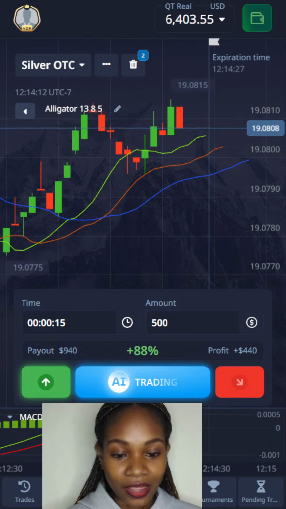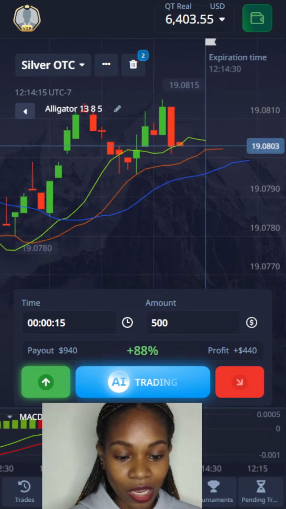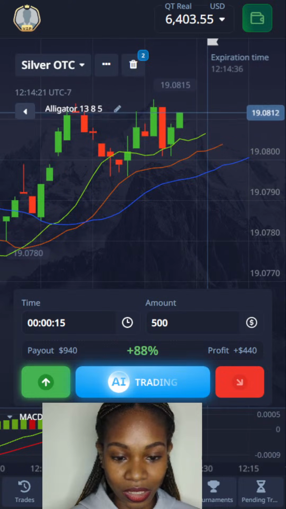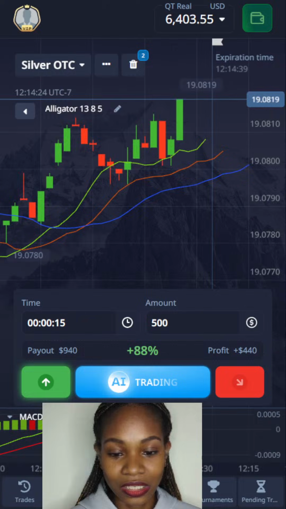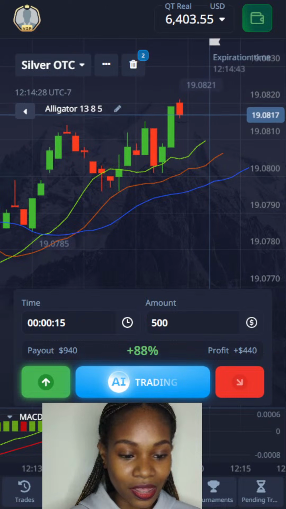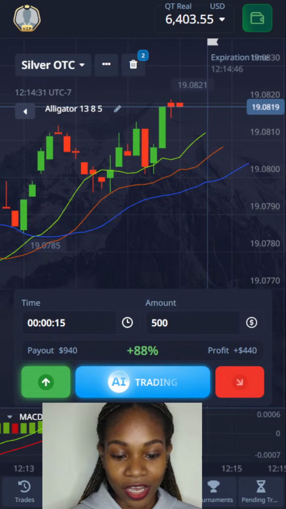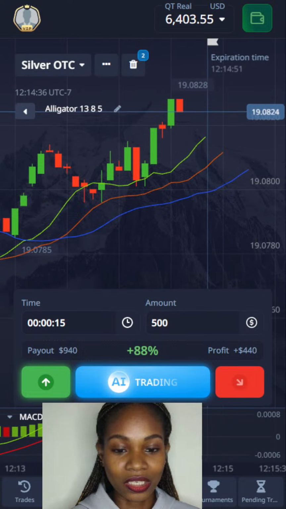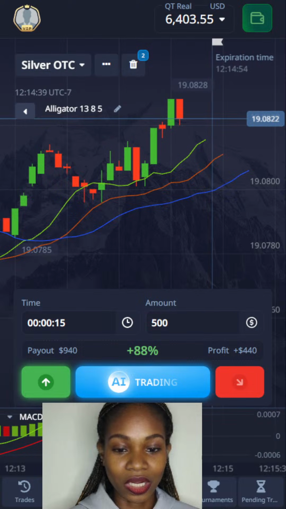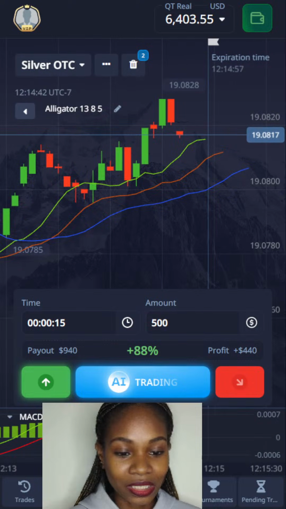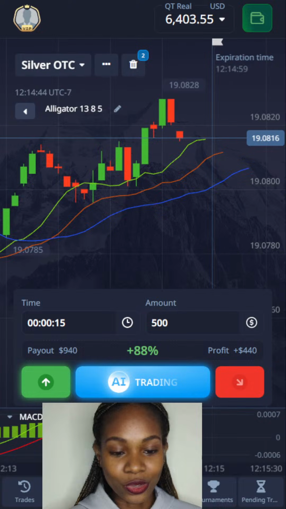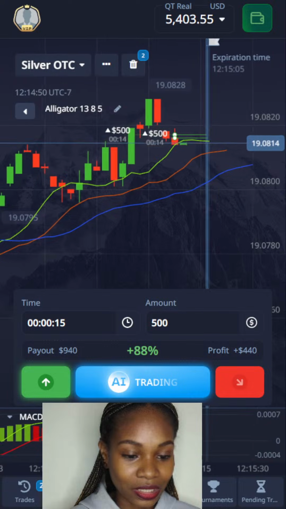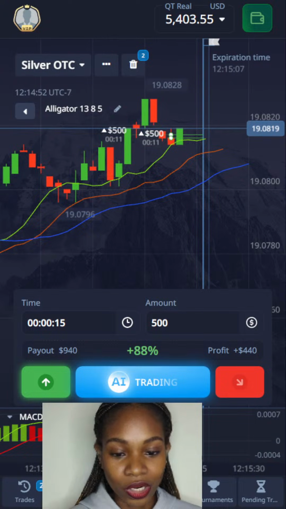For the chart time frame, that is still 15 seconds. Then for the candle close, that is 5 seconds. I always love introducing these such that we get into it when we know exactly what is happening. I do not want us to come here and not understand exactly what is going on. So that is it for the introduction.